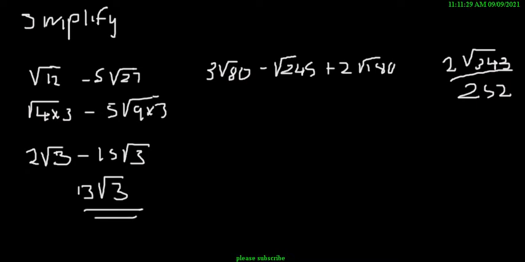Let's try this one. Again, we try to find a number that can go into all these: 180, 245, and 80. And that number is 5. 5 can go into 80 16 times. So we say 16 times 5 minus 5 into 245, it's going to be 49.